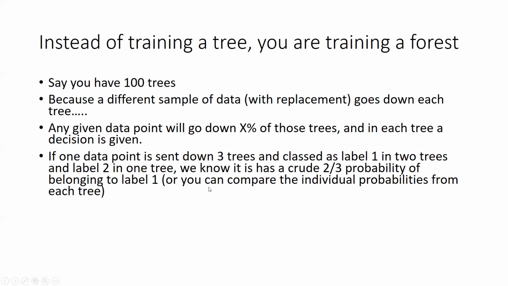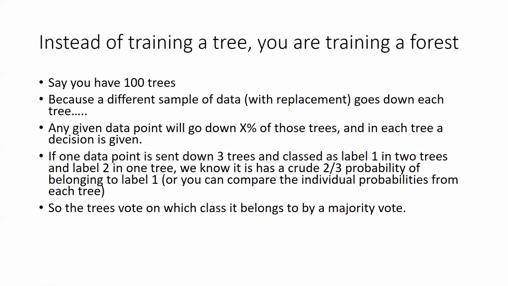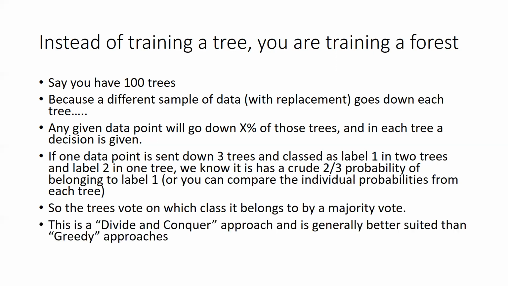So that's how we can aggregate our findings across all of these randomly optimized trees. This is called a majority vote. So you'll often hear about this in random forest. The class probability and the class label is arrived at by a majority vote in this way.